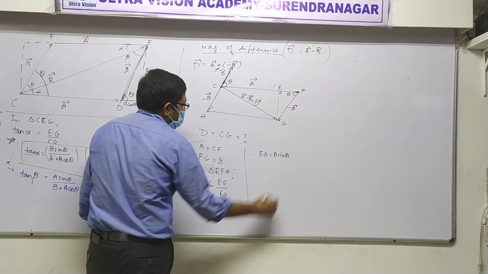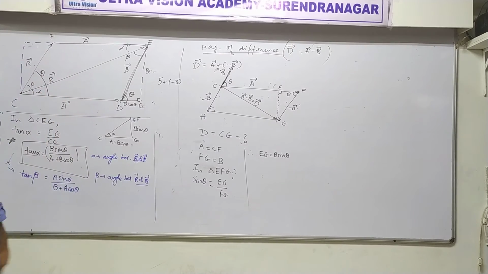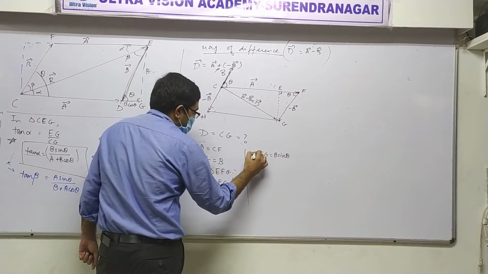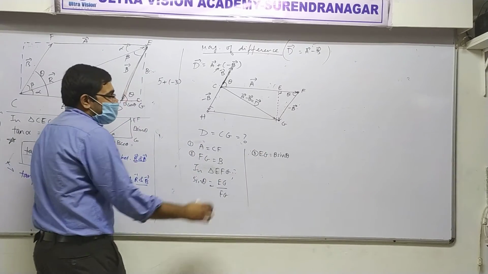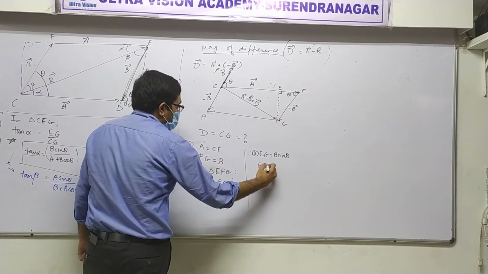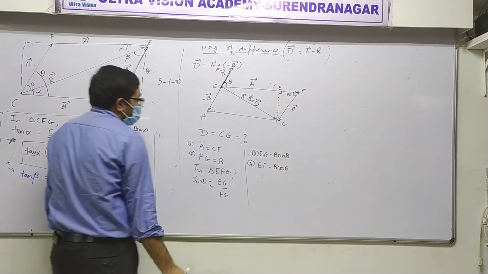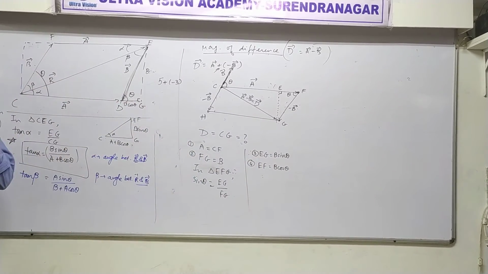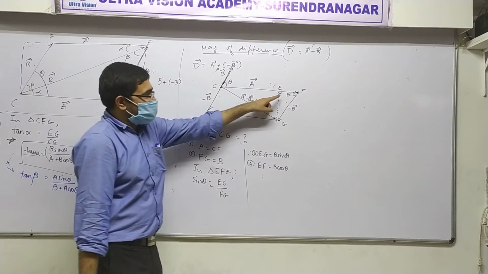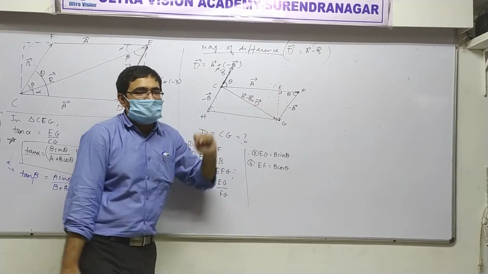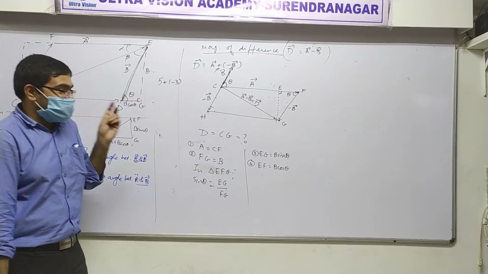Keep all these equations on the side, we might need all of this. Similarly, EF is equal to B cos theta. Same triangle, EF is adjacent so cos, and EG is opposite. So all the raw materials are ready.